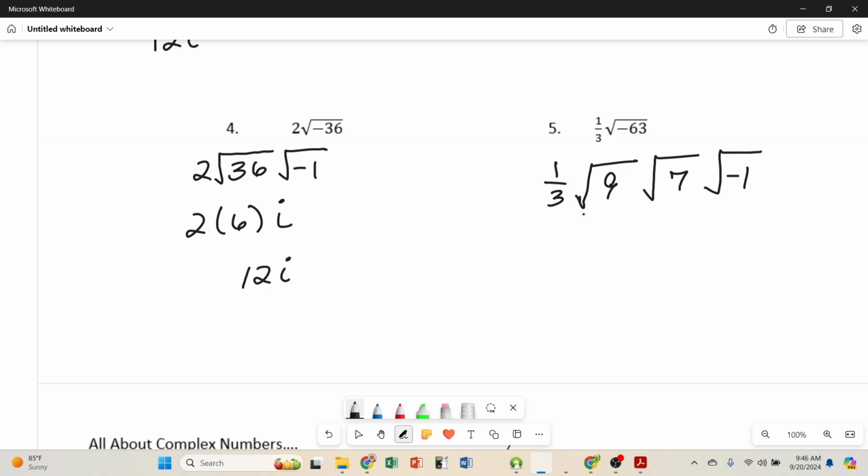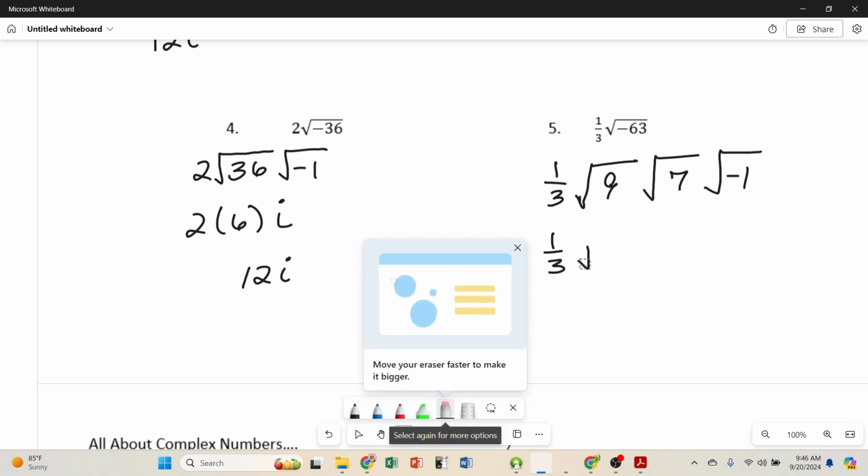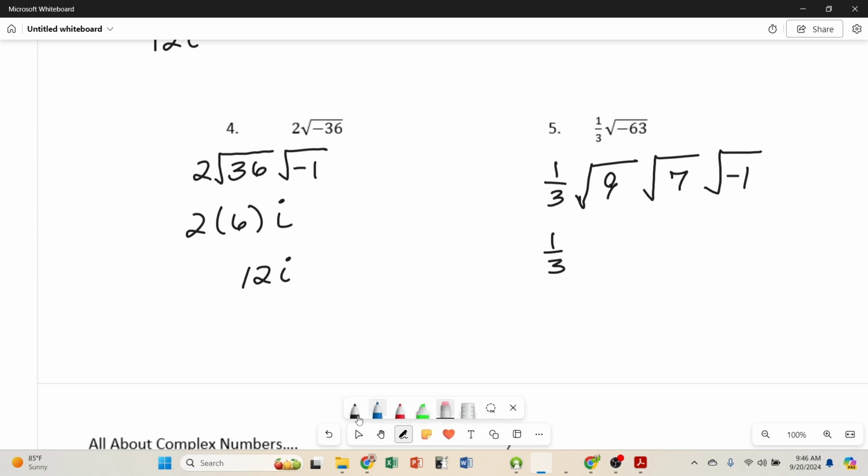So I've got 1/3 times 3 times I for the square root of negative 1, and then the square root of 7. So 1/3 times 3 is 1. 1 times I is I times the square root of 7.